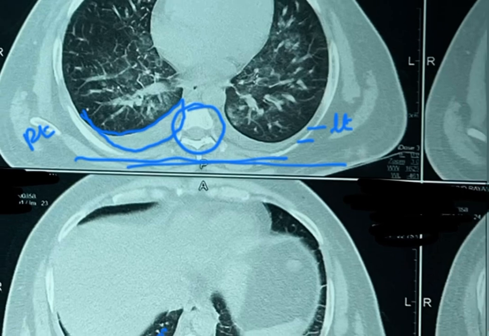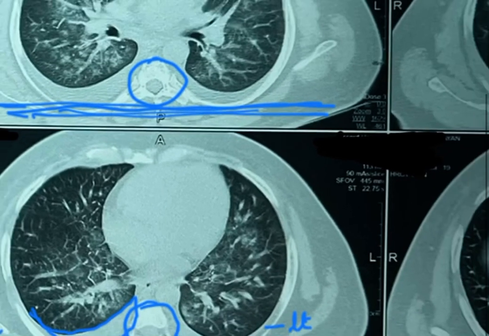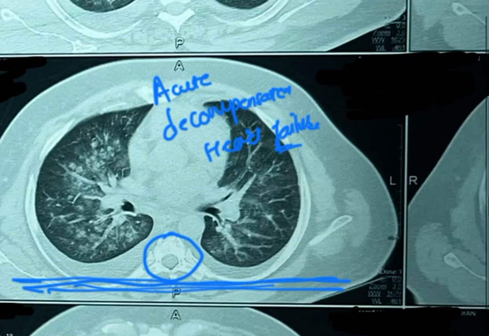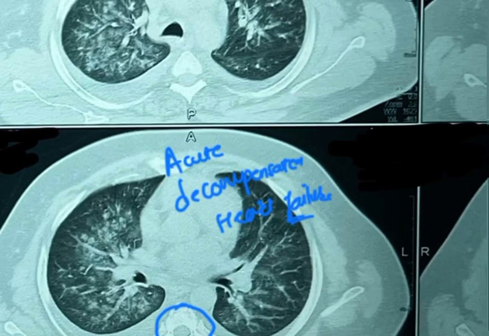So this is collection of pleural fluid or free fluid in the pleural cavity, that is pleural effusion. Here is the bone, here is the lungs, this is the margin of the lungs, and in between the bone and the lungs, there is collection of free fluid, that is pleural effusion.